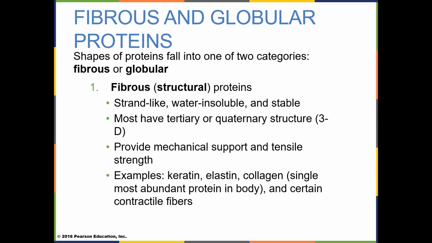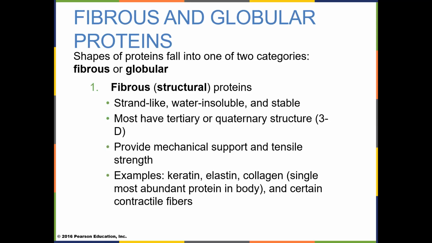let's take a look at the two distinctions. Fibrous proteins, like I've just been describing, are made up of strands of protein fibers. They may be tertiary in shape, and if they're tertiary, they're going to have lots of beta pleated sheets embedded in there.